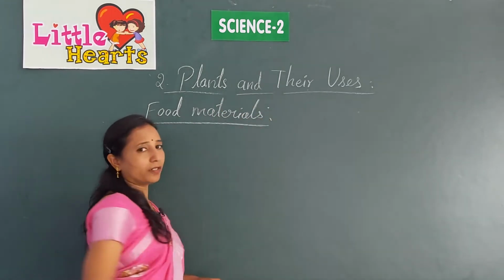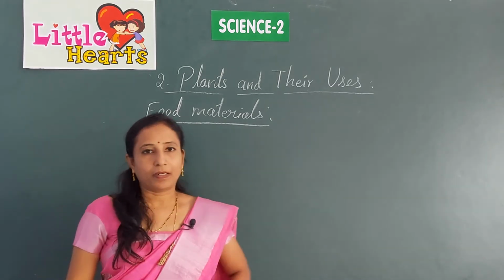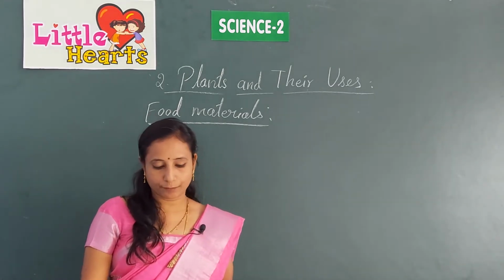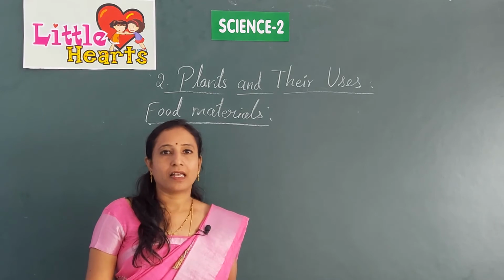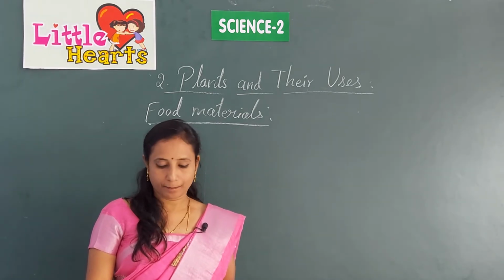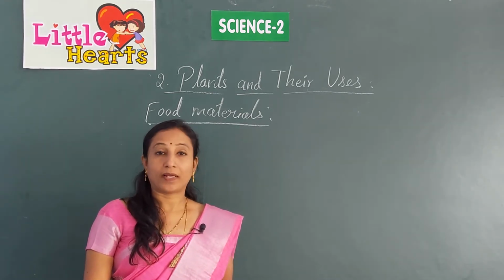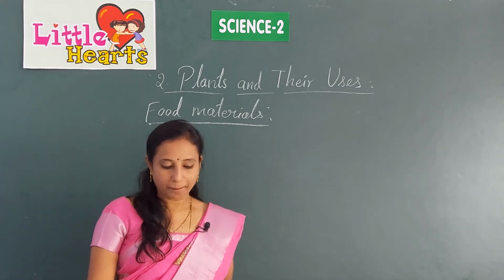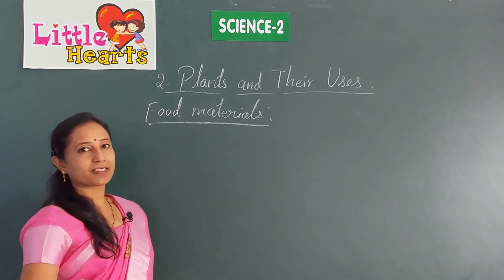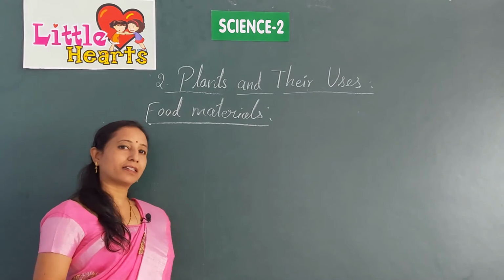Plants give us various food materials such as pulses, grains, vegetables, fruits, medicines, spices, oils, nuts and so on.